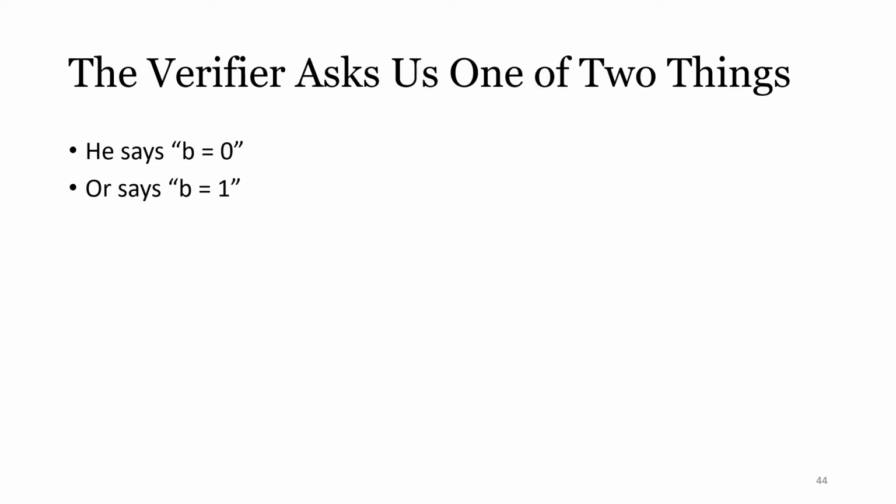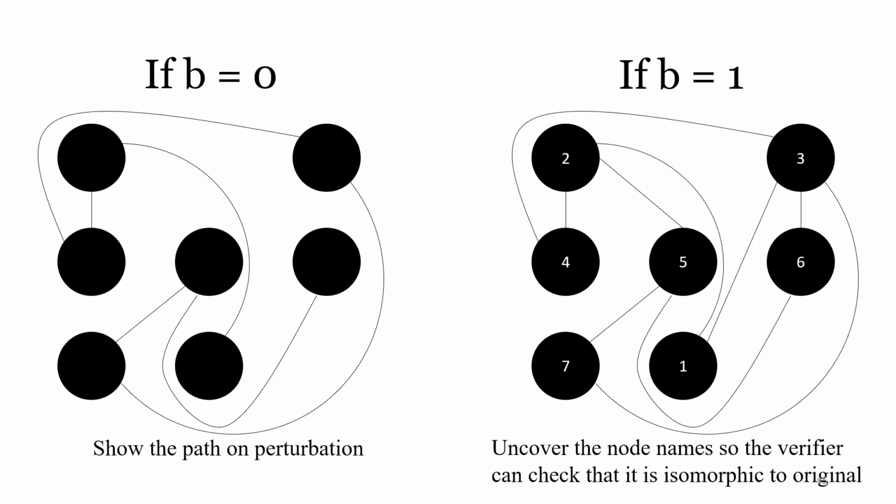And the verifier asks us one of two things. He sends a challenge bit. This comes up in the coding part of it, but we're going to refer to the challenge bits as b equals 0 or b equals 1. Those challenge bits represent two possible questions that Bob is asking us.